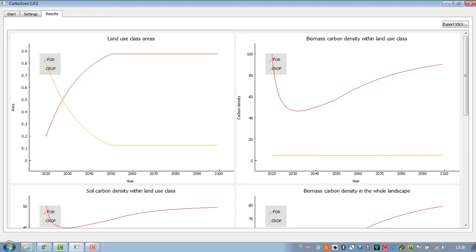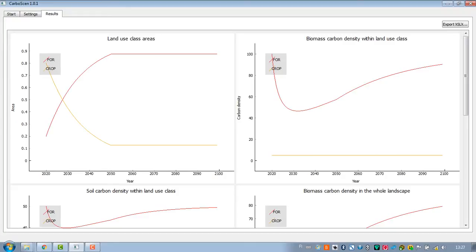Yeah, you see, in the first year there's area which used to be forest in the beginning. All the forest is area that has been forest for a long time. That's the assumption here. And what happens after that, like you see in the top left, forest area is increasing. So there's cropland converted, afforested.